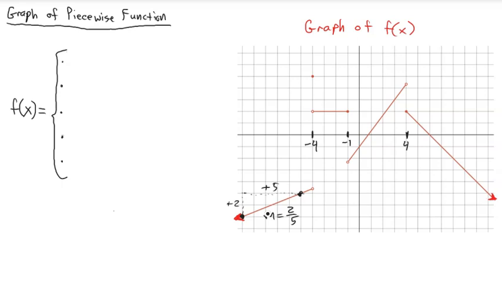And then if we were to continue this 2 over 5, from this point we could go up 2 and then over 5, 1, 2, 3, 4, 5, and it looks like it's going to intersect the graph right here at -3, okay? And so that means that this line right here is the graph of 2 over 5 x minus 3.